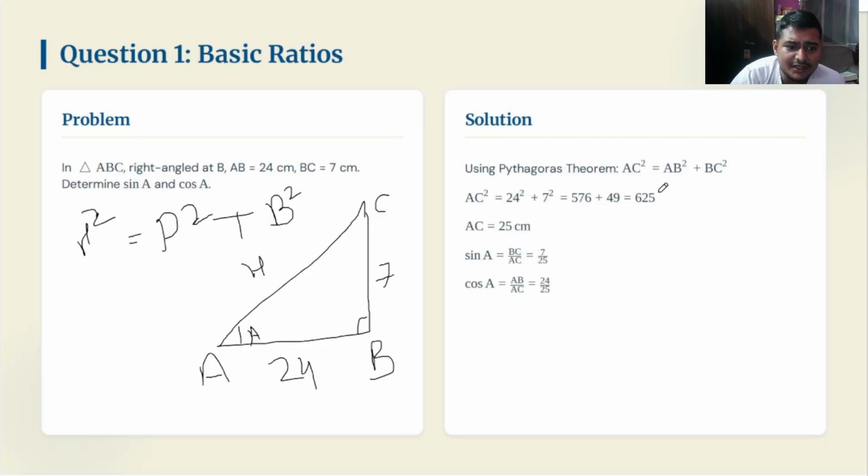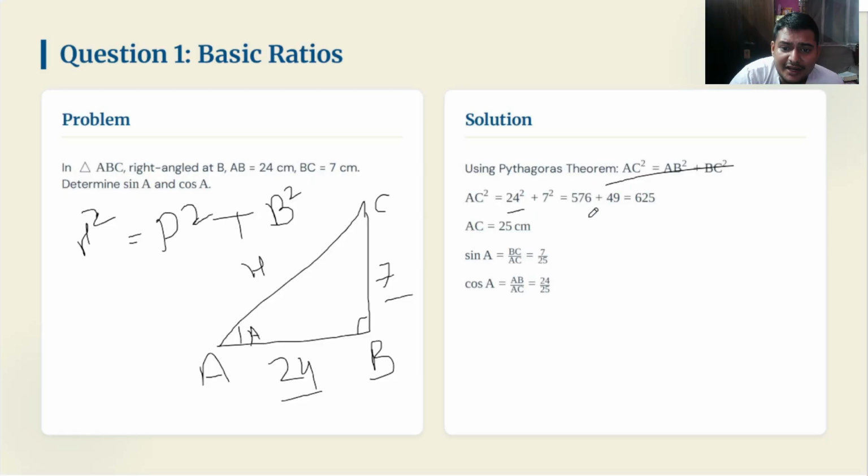Using it over here, AC square equals AB square plus BC square. Putting the values, AB square equals 24 square and BC square equals 7 square.